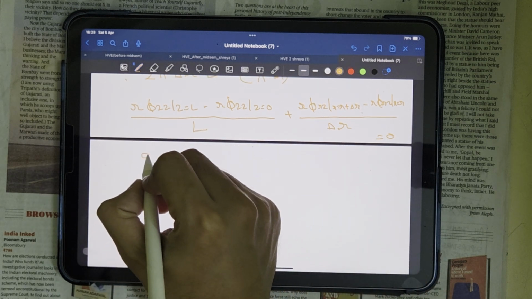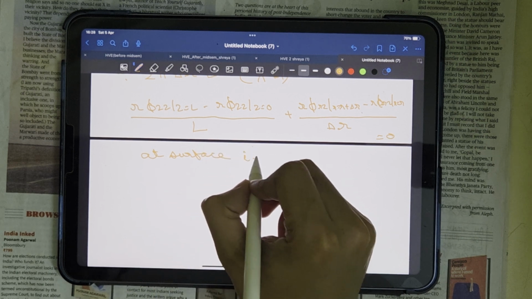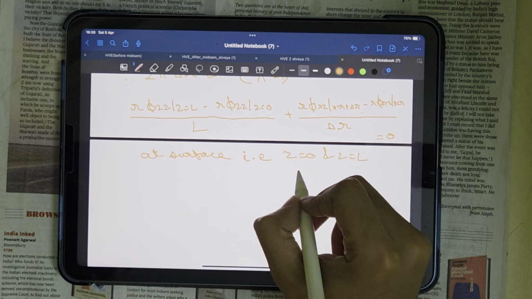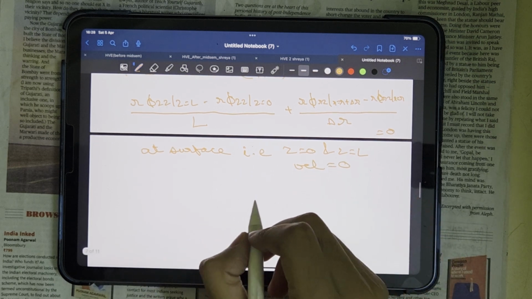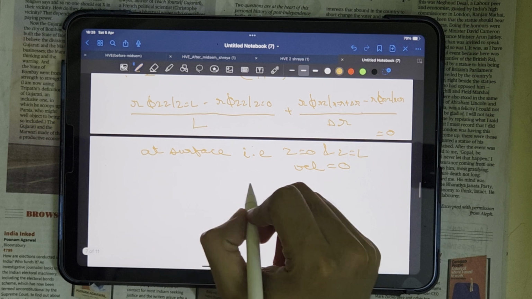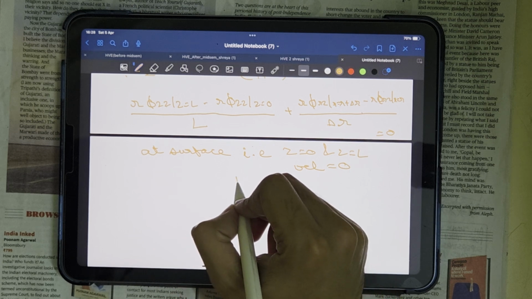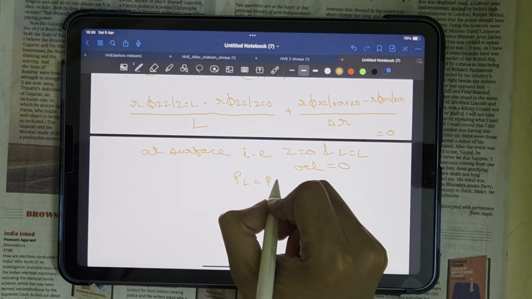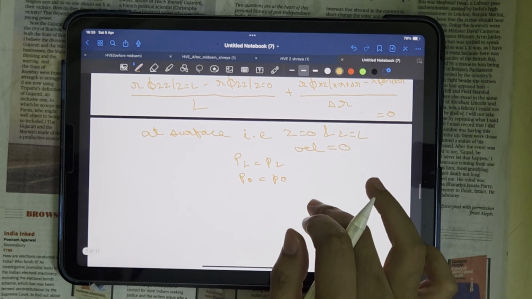Now we know at the surface, that is z equal to 0 and z equal to L, our velocity is 0, and also the pressure won't be modified pressure. So basically when I will write capital PL, it will be equal to small pl, and capital P0 will be equal to small p0.